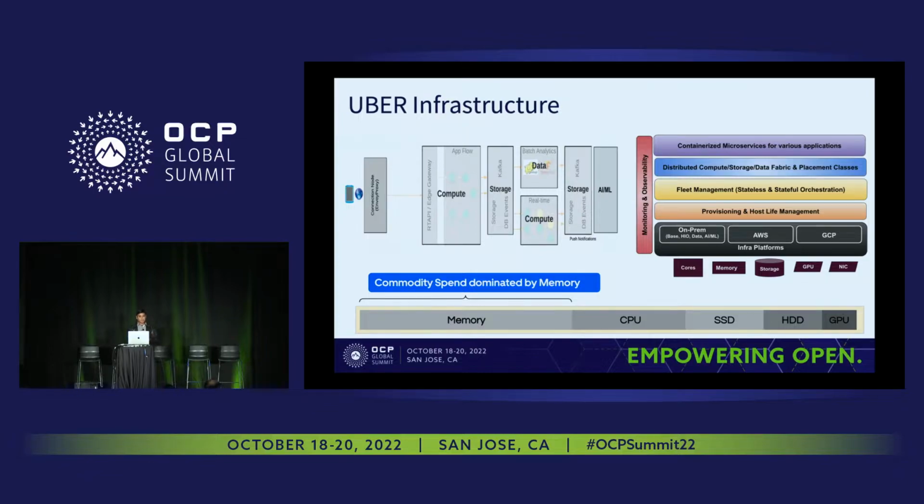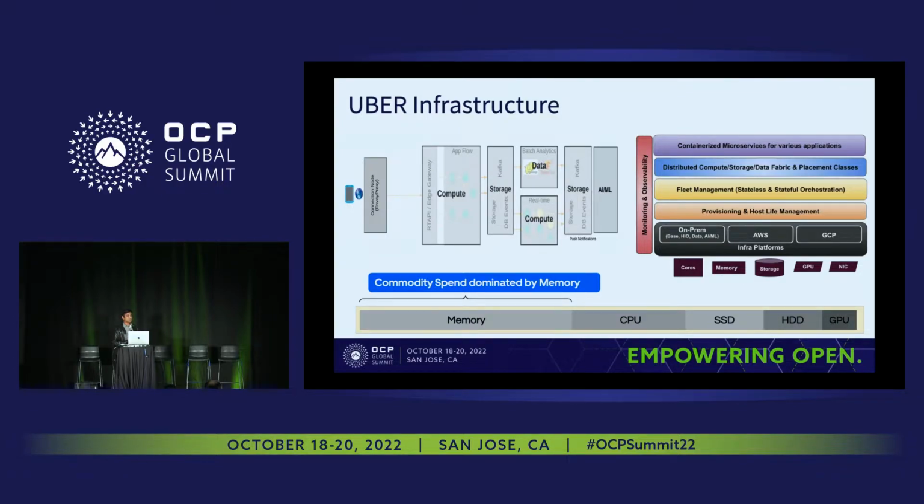Before we go into the efficiency efforts, I would like to talk a little bit about the overall overview of the Uber infrastructure landscape, platforms, and the commodities. Requests from a rider on an Uber app traverse a bunch of on-trip and post-trip components during the overall core trip flow.